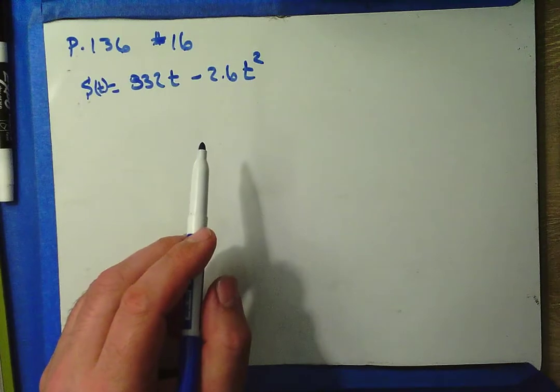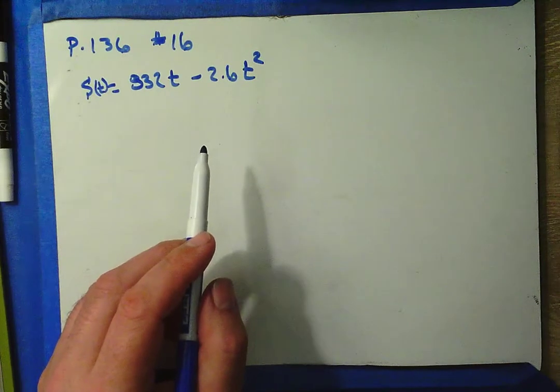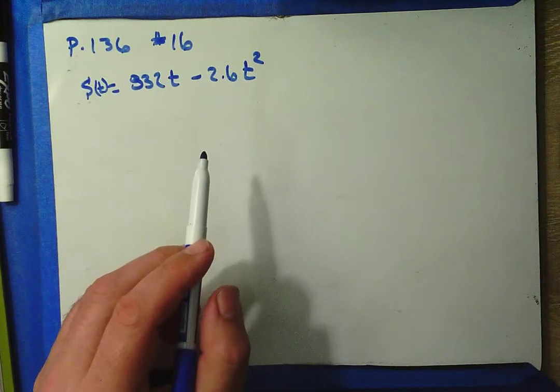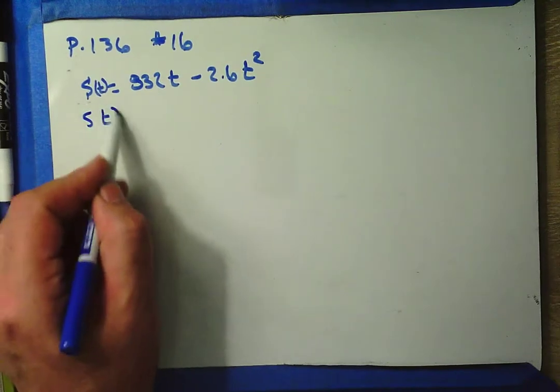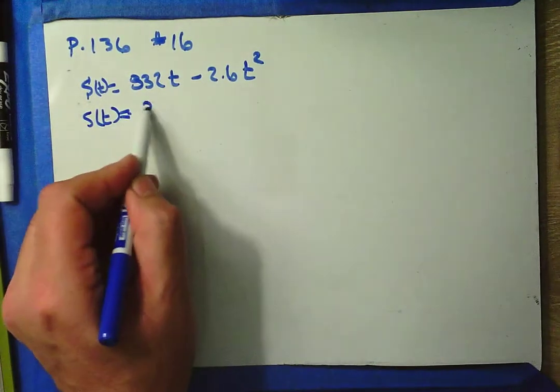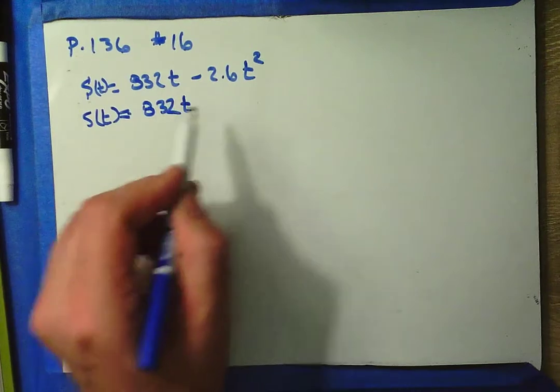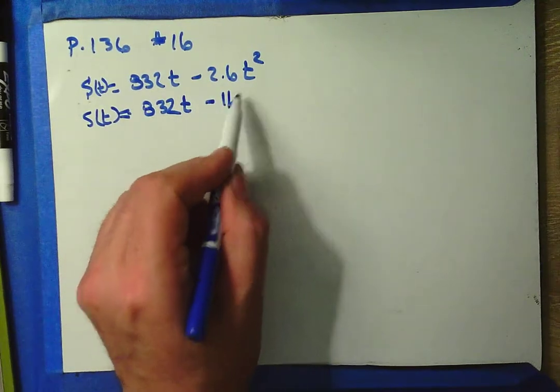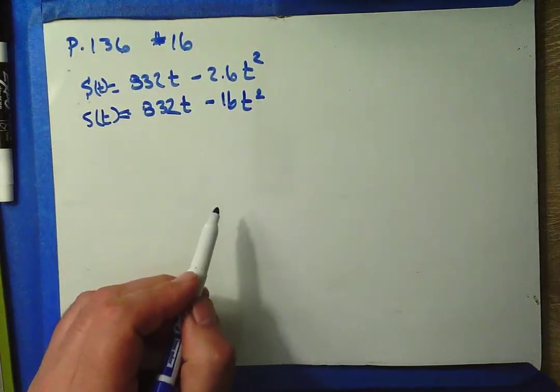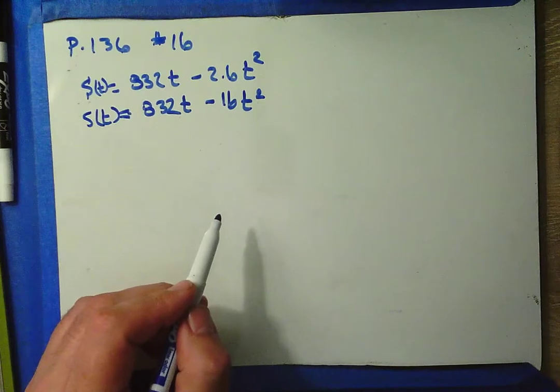On Earth, with the absence of air, which I hope we never have, the height would be s of t equals 832t minus 16t squared feet after t seconds. How long will it take the bullet to get back down to the ground in each case?